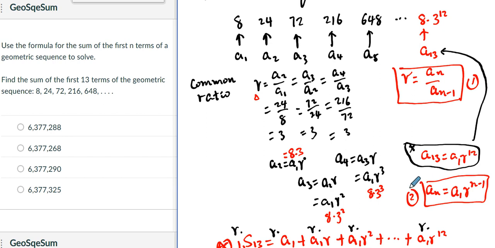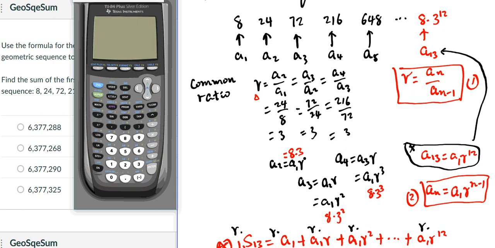Okay. So if you really want to find out that, you have a calculator here. On the calculator, that will be 8 times 3 to the exponent 12, not 13. Again, is because of what? Because here A2 is the first term times ratio R to the first power.